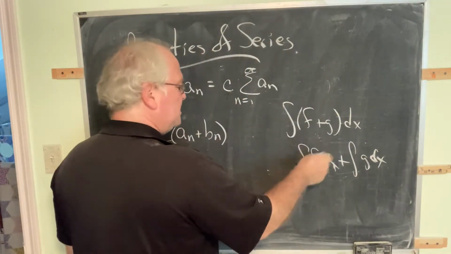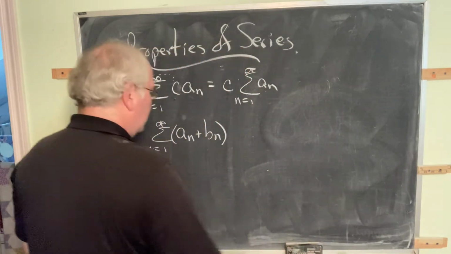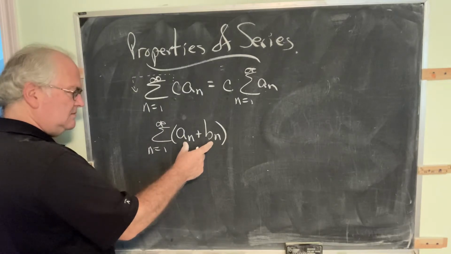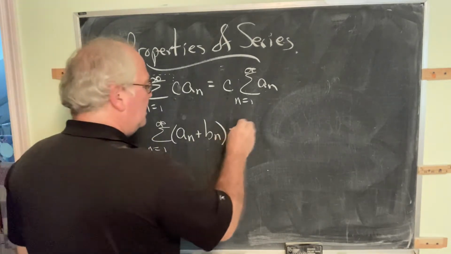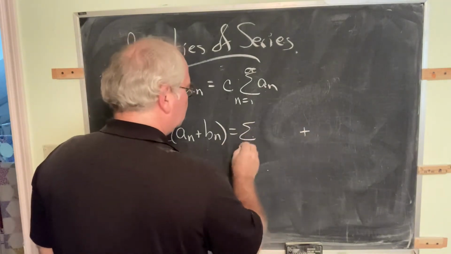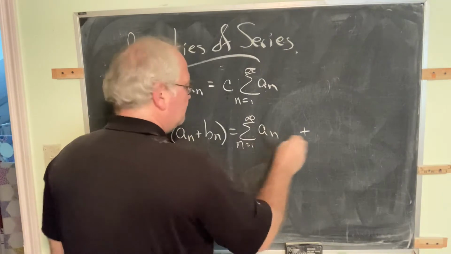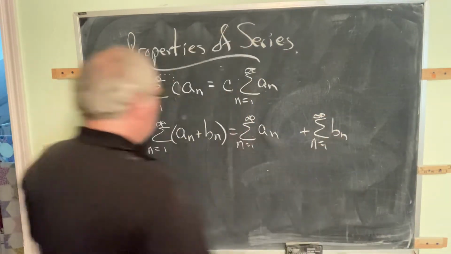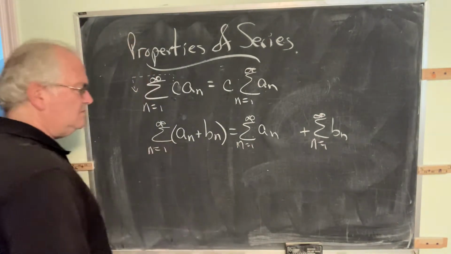Well, what this says is the sum of the sum. It sounds kind of weird, but it makes sense. The sum of the sum is the sum of the sums.